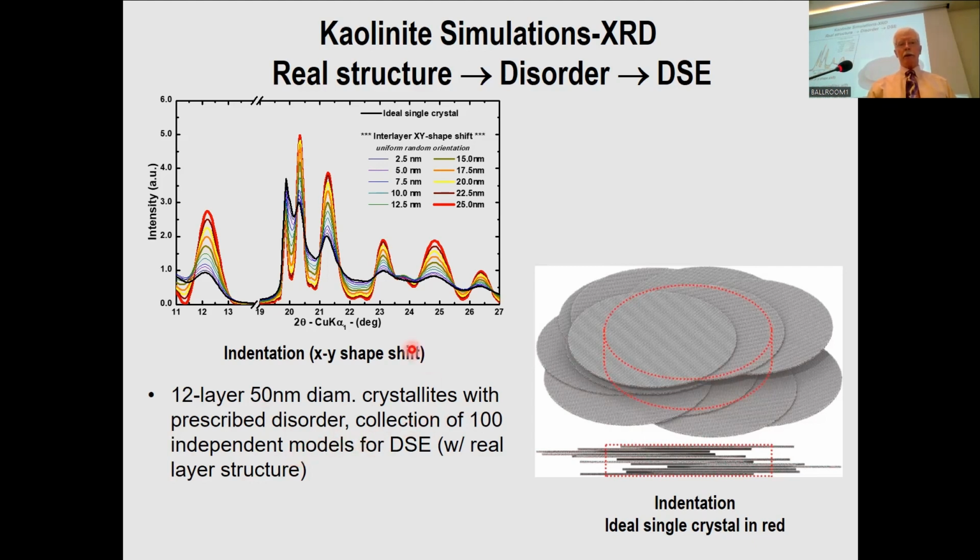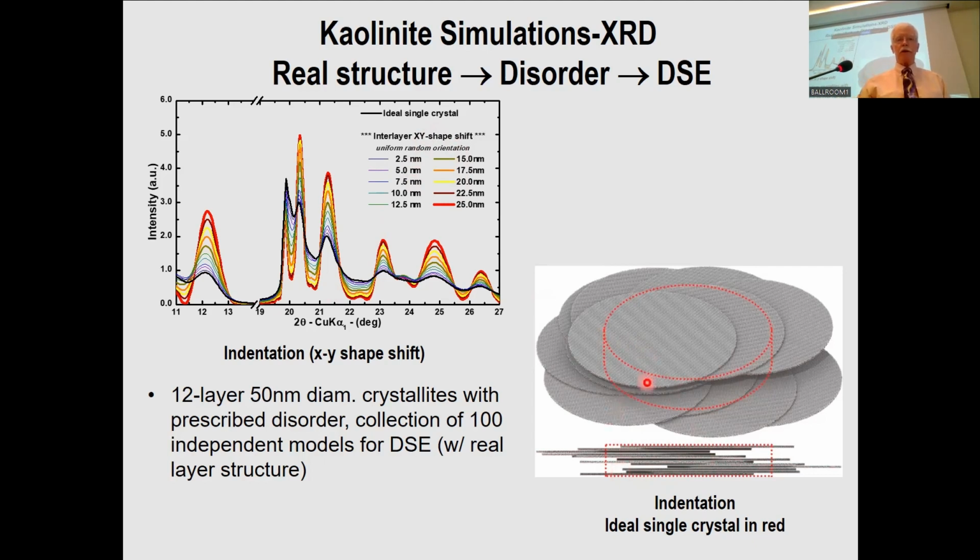And then Alberto did the Debye scattering equation simulation and calculated the diffraction pattern. And you can see here in the upper left are the diffraction patterns for different kinds of XY shifts. This is basically what you might call indentation. A perfect crystal is down here outlined in red. And then we started shifting the layers like so and calculated the effects of that.